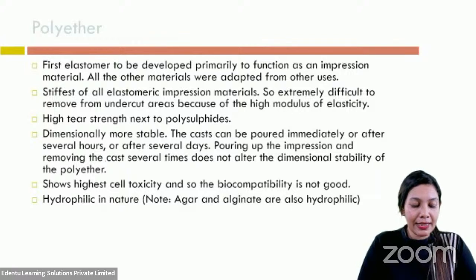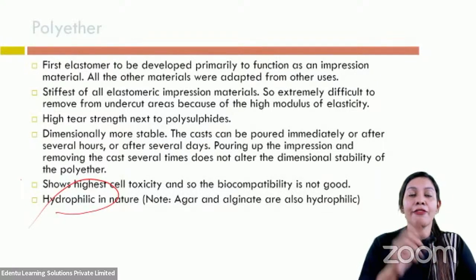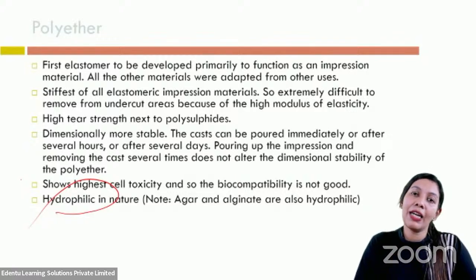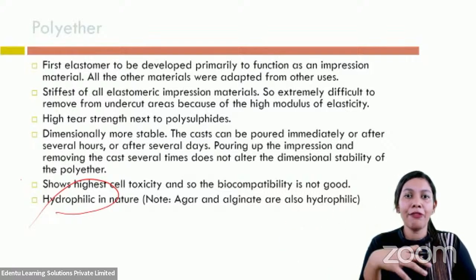The last is polyether. With polyether, you need to think it is hydrophilic. All the other three important materials were hydrophobic. Here it is hydrophilic. This is the first elastomer that was used as an impression material; the others had other functions but were derived to be used as impression materials.